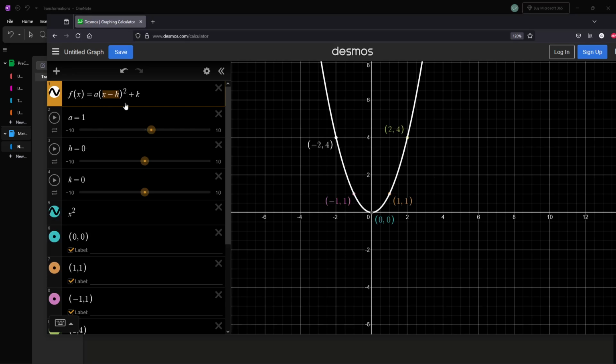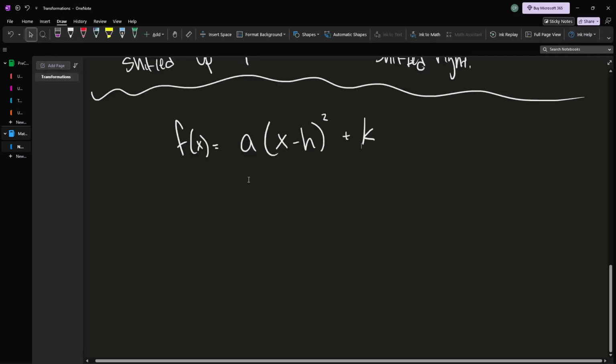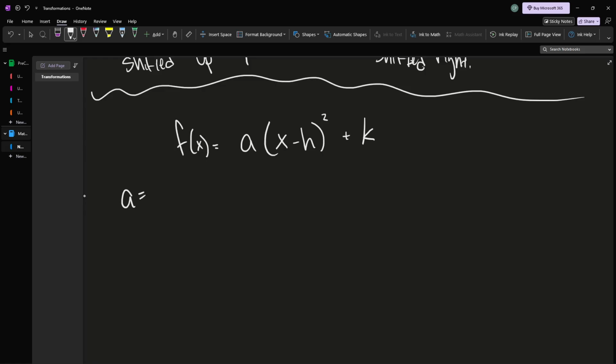So x minus 0, that does nothing. So far this whole thing is just x squared. x minus 0, so just x squared times 1. So it's just x squared. And now on the outside, I'm adding 0. So at the basic value, if a equals 1, h equals 0, and k equals 0, this is the parent function. No transformation. You have to memorize these. Multiply by 1, nothing happens. Adding or subtracting 0, nothing happens. These are a parent function.